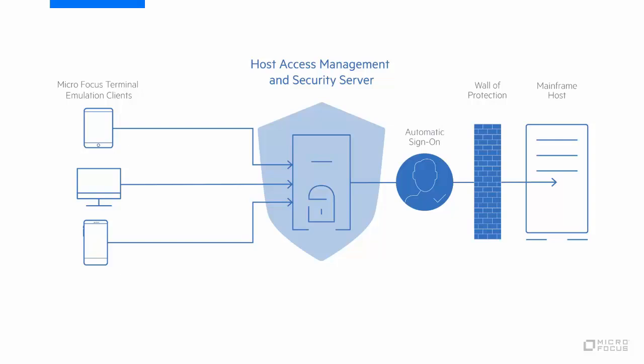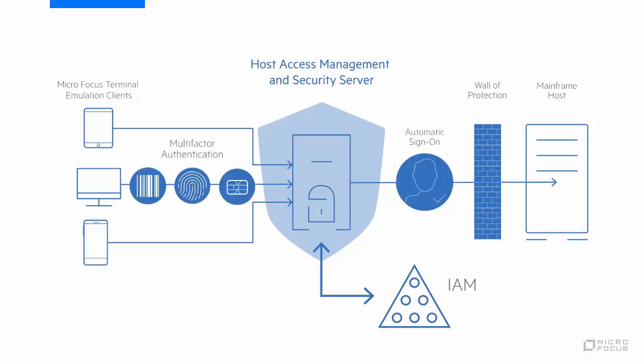So this product sits between that client and that mainframe. The first thing it does is make sure that you are who you say you are through strong authentication, through your enterprise credentials. It attaches to your IAM in a read-only format to make sure that you are who you say you are. Could be LDAP, could be SAML, right? Think about that. That's great. It's what you're already using today. Secret sauce?